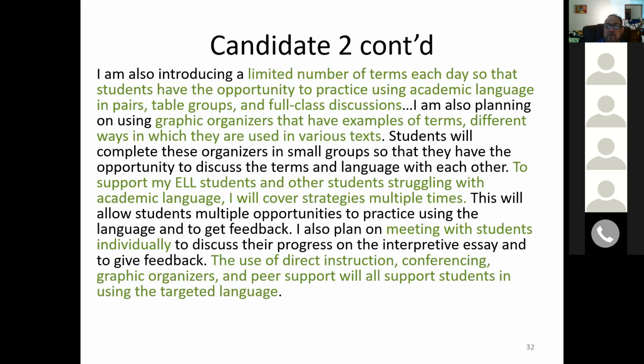And candidate 2 continues here. Again, notice how much more this candidate writes. This candidate leaves nothing to inference. And I've said it before. Scorers do not infer. If you don't say it, it is not there.